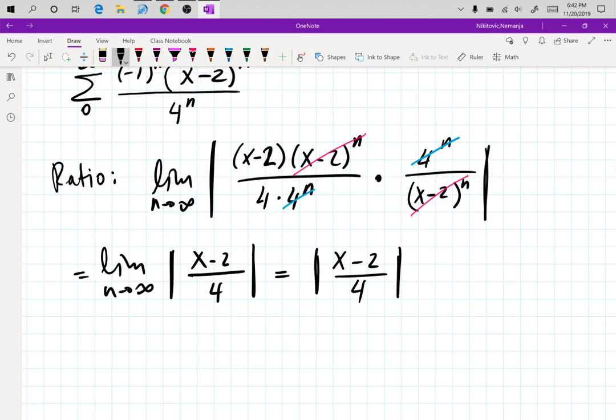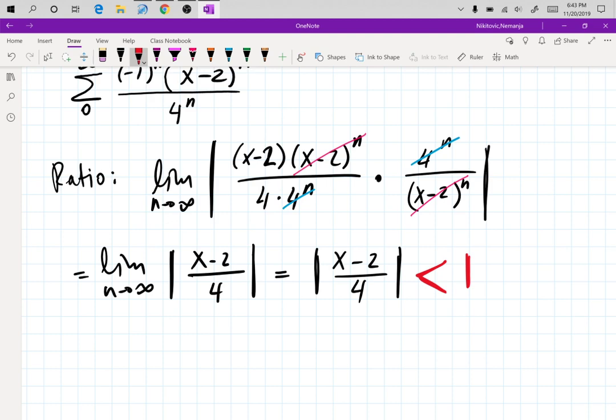Now, remember what we are looking for. We are looking for convergence. So what do I get to add in there? When is the ratio test convergent? It's when it's less than 1. So you want the convergence, which is why you put this in. And now you have to solve what we call a triple inequality.